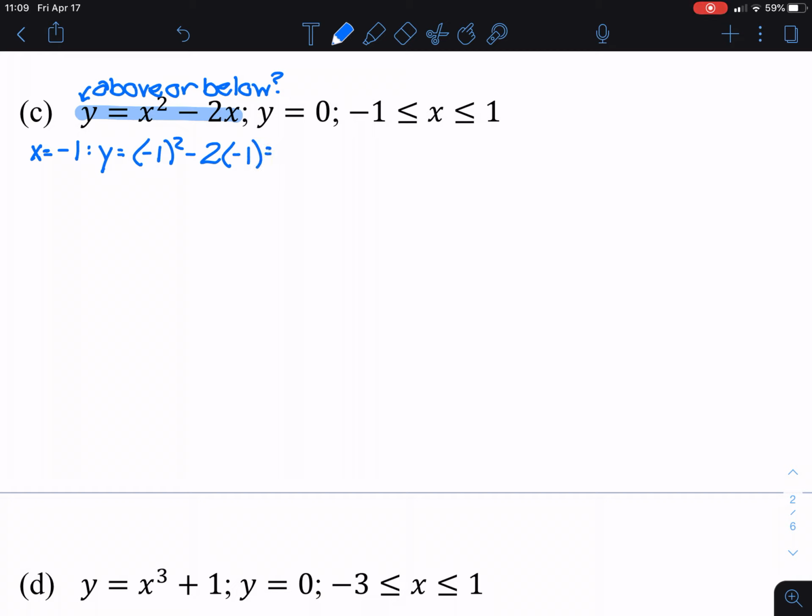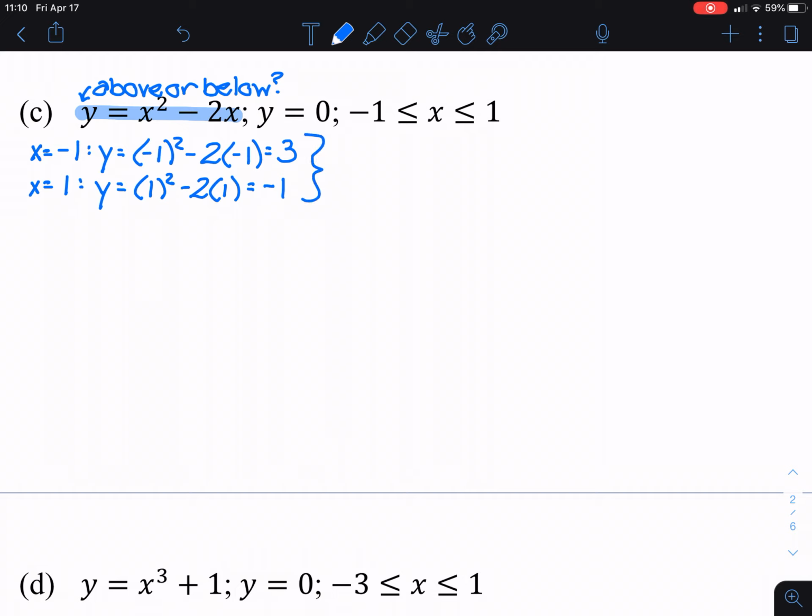So that becomes 1 plus 2 is 3. So it's above the x-axis. And then when I take x is equal to 1, I get that y is equal to 1 squared minus 2 times 1, which is 1 minus 2, which is -1. Okay. Notice on one side I'm above the x-axis and on the other side I'm below.